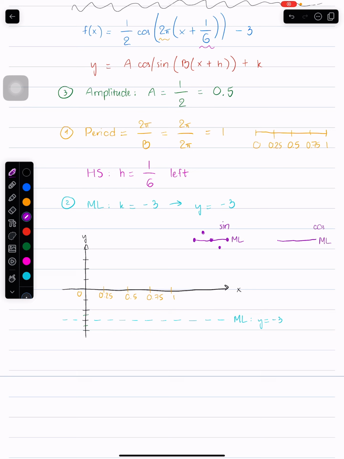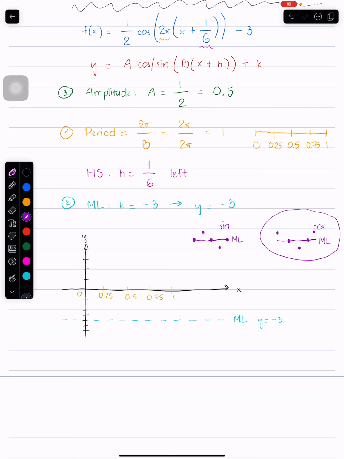We're going to start above the midline, back to the midline, go below it, back up to the midline, and then to the max, like this. This problem is asking for cosine, so we have to go with this version. So we follow the 5-point pattern to piece everything together.